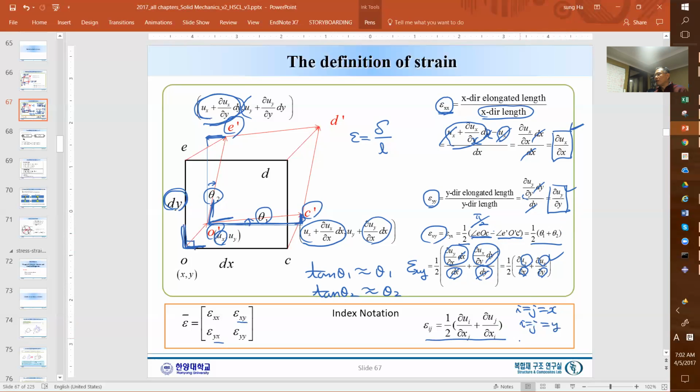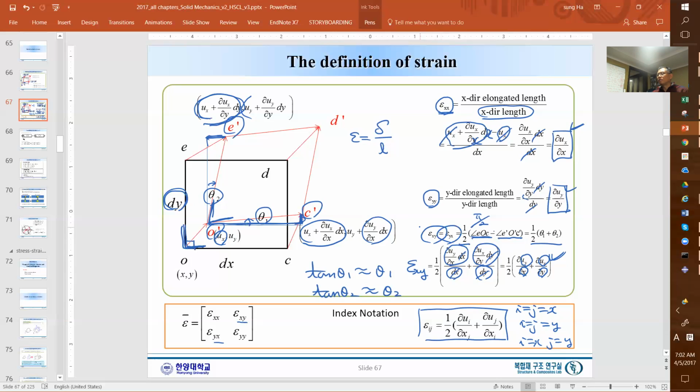Now, if i equals x and j equals y, or vice versa, then epsilon xy will be half of ux, y and x, which will cover this one. So it's good to use this index notation, which will cover these four strain components. Okay, that's the definition of strain in terms of displacement vectors.